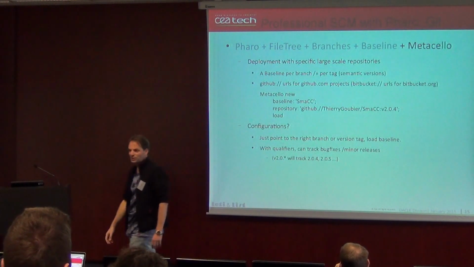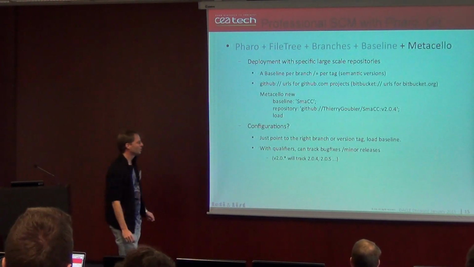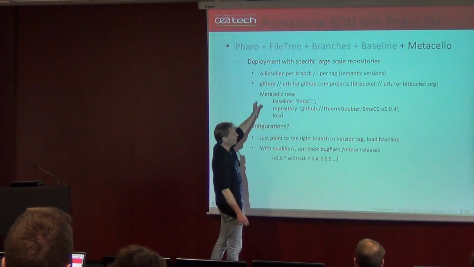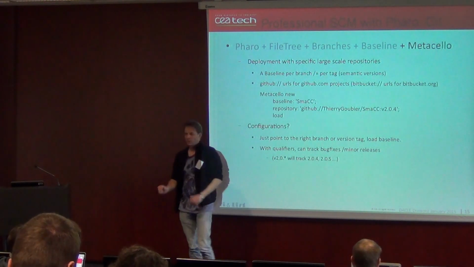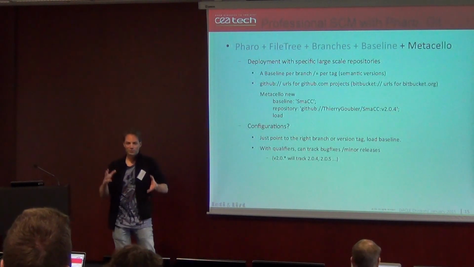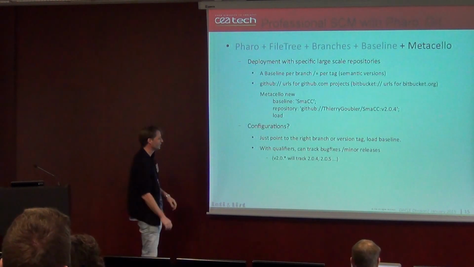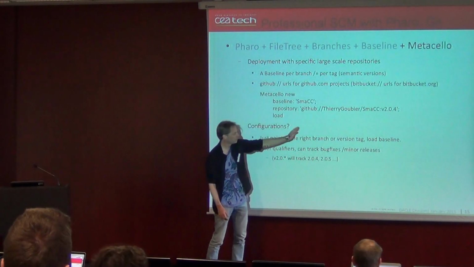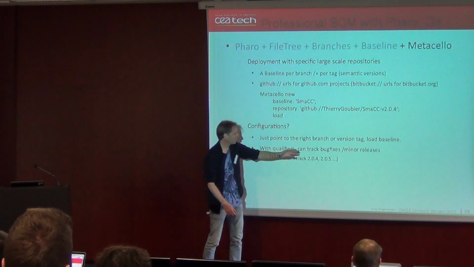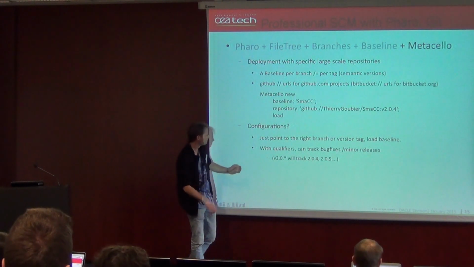And I didn't do anything more for that than having a baseline in my master and doing a release on GitHub and saying, okay, it's now version 2.0.4. Just point to the right branch. You can also add a branch. The version tag, load the baseline, done.